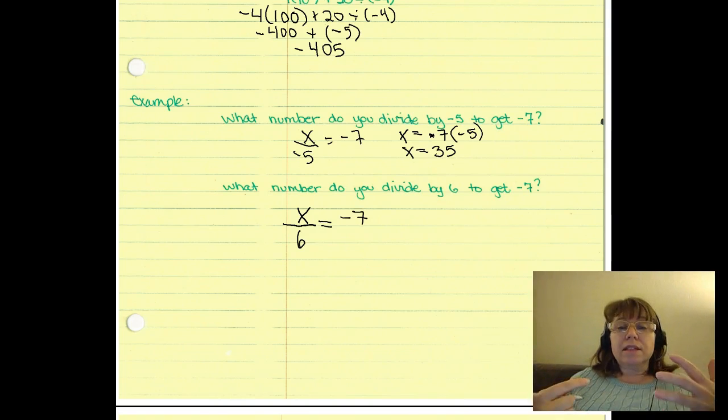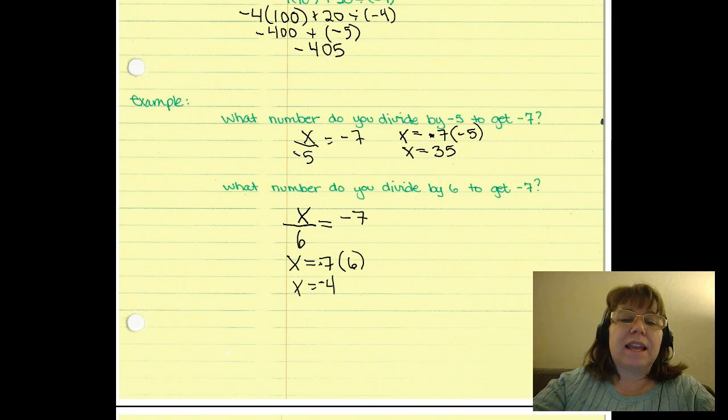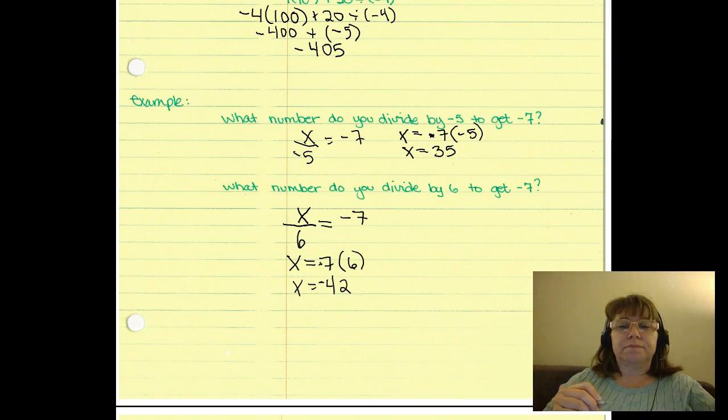And I think the easiest way to solve this at this point is to translate it over to multiplication. So it's going to be the dividend, the numerator, equals the answer times the denominator. Therefore, our unknown is going to equal negative 7 times 6, which is a negative 42.